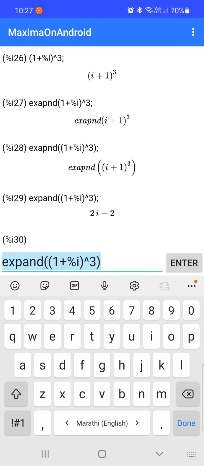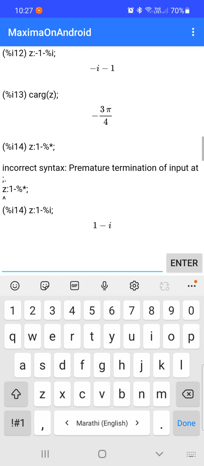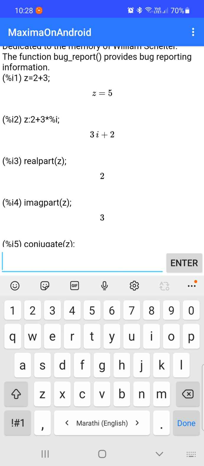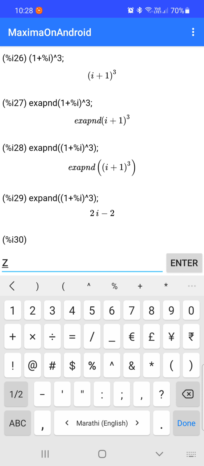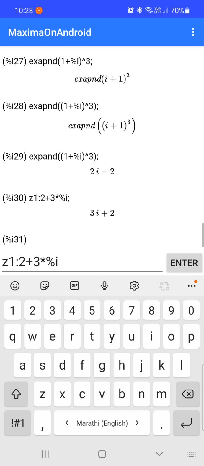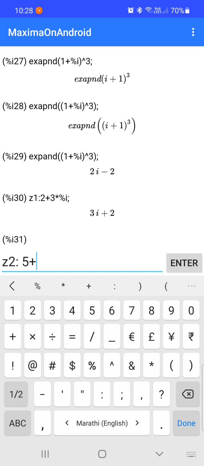Next, so here in this lecture we obtained the real part. You can also find addition, multiplication and division of the given complex numbers. So z1 is equal to 2 plus 3 times %i, and z2 is equal to 5 plus 7 times i.